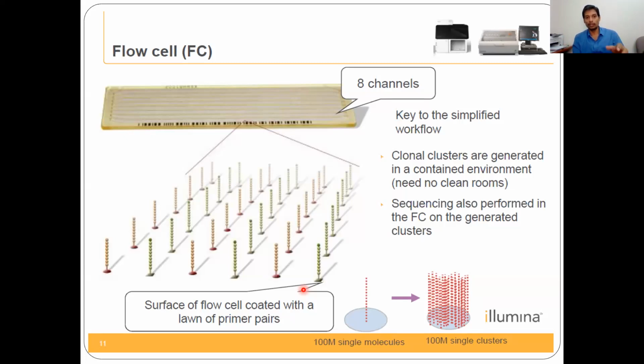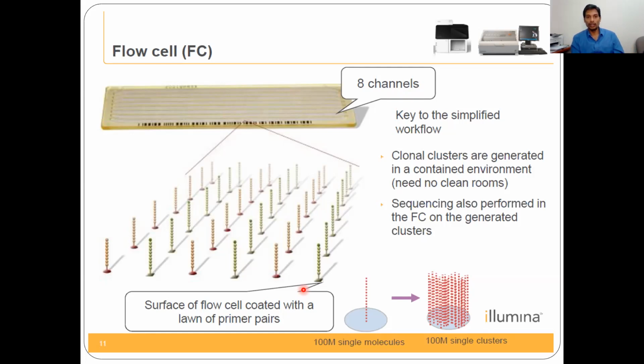Just to give an example, let's say orange is complementary to the adapter you added to the 5' side, and green is complementary to the adapter you added to the 3' side. That is how the design is.